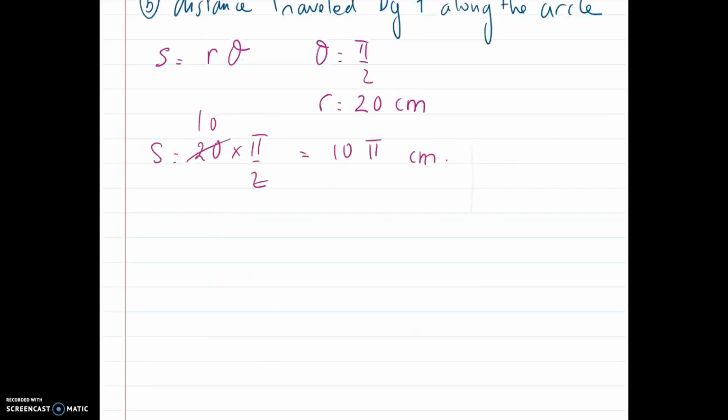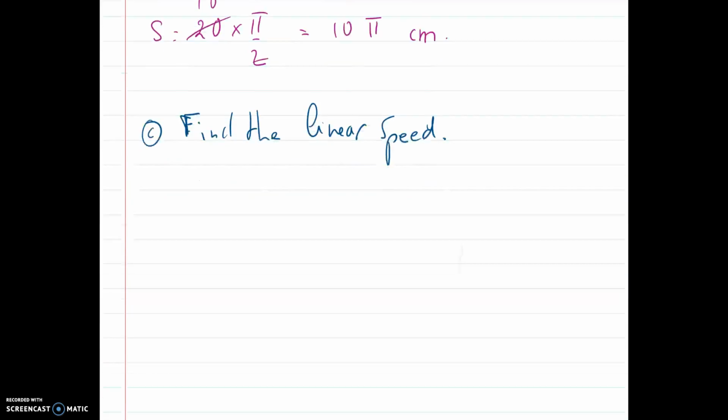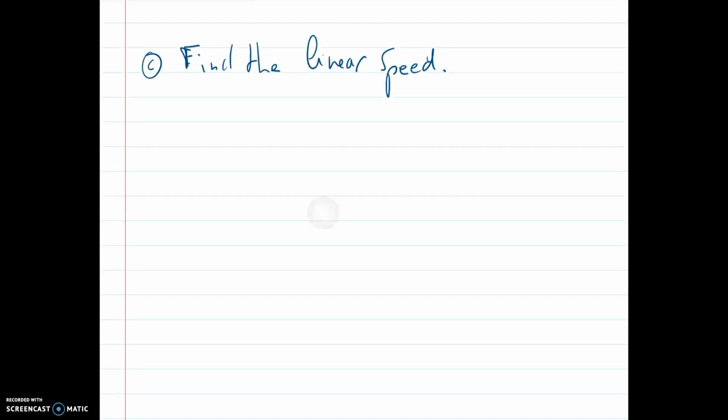Finally, the third calculation is about finding the linear speed. If I want to find the linear speed, well, I know that the linear speed is v equal r multiplied by omega.